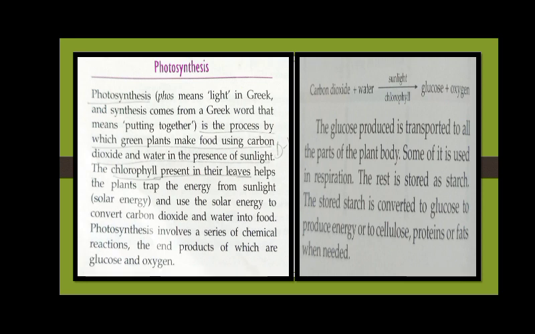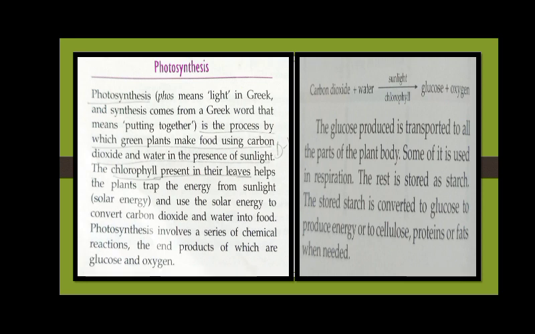It is the process by which green plants make food using carbon dioxide and water, and presence of sunlight is a must, and chlorophyll which is already present in the leaves helps the plant to trap energy. So these are the four things a plant needs for photosynthesis: carbon dioxide, water, sunlight, and chlorophyll.